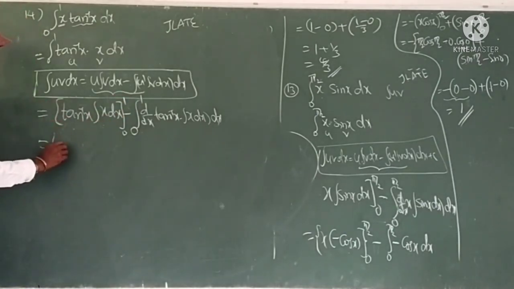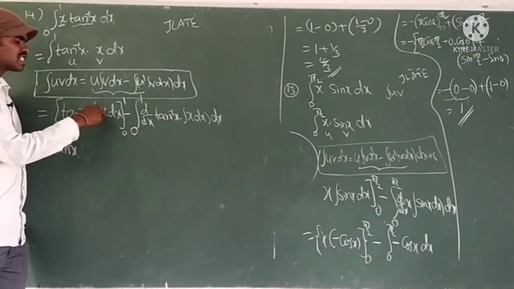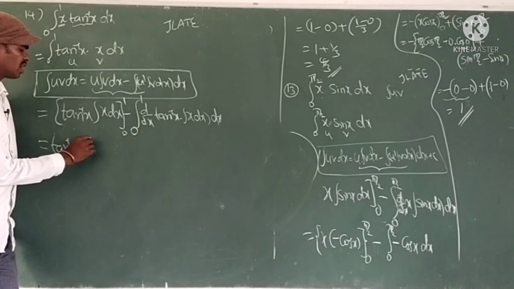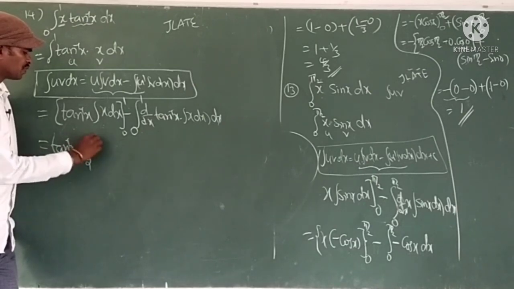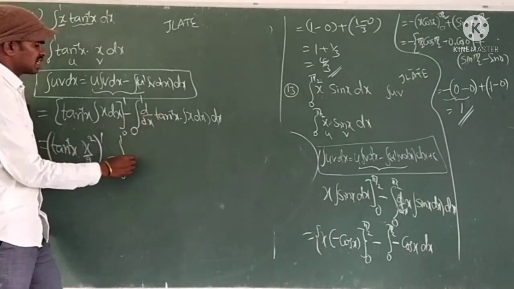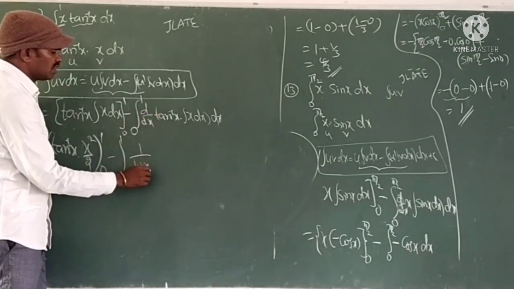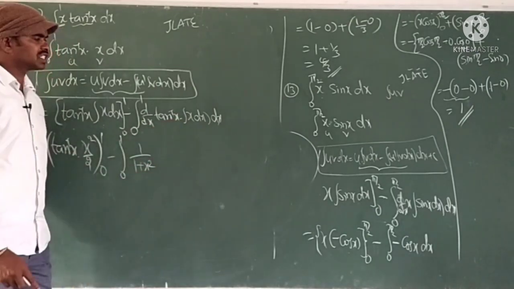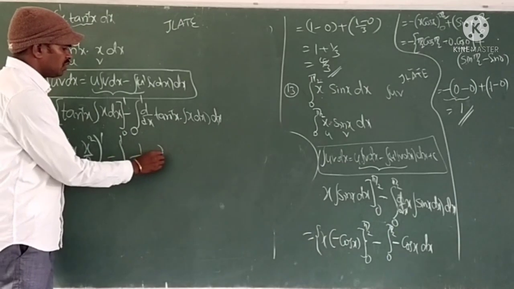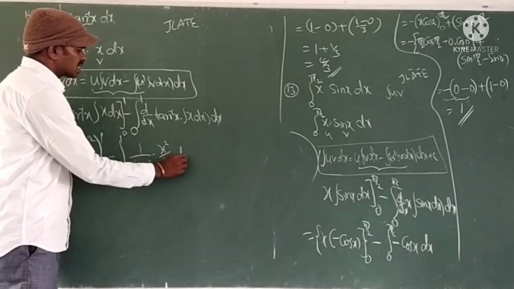So this equals tan inverse x, and the integration of x is by the x power n integration formula, x power n plus 1 by n plus 1, that is x power 1 plus 1, x square by 2, for the intervals 0 to 1. And here the derivation of tan inverse x is 1 by 1 plus x square, into x square by 2 and dx.